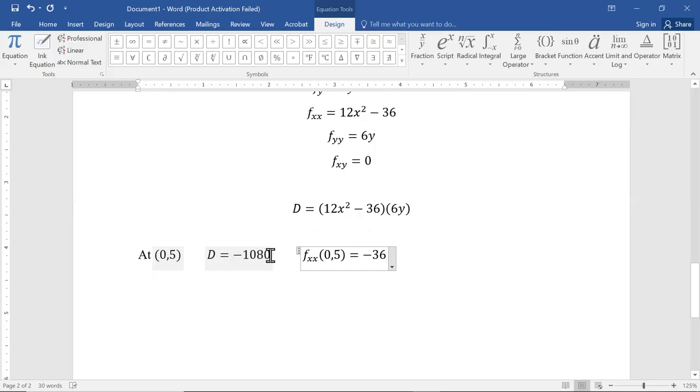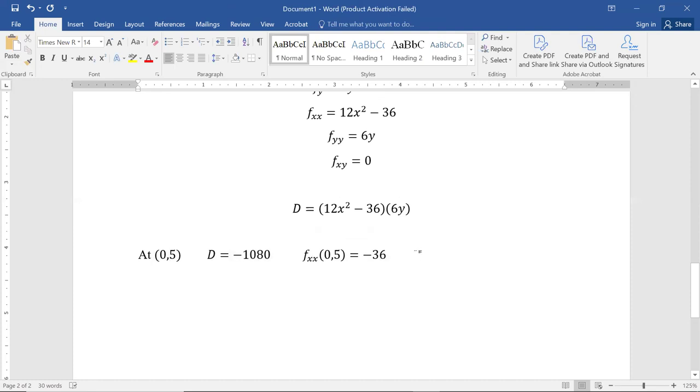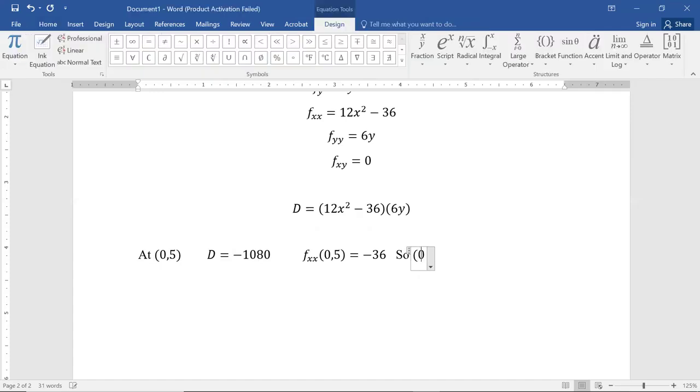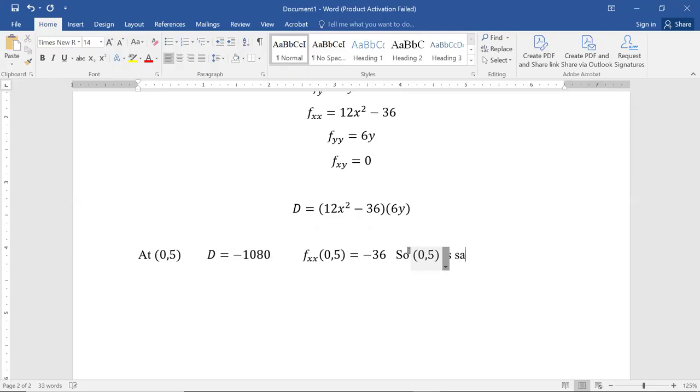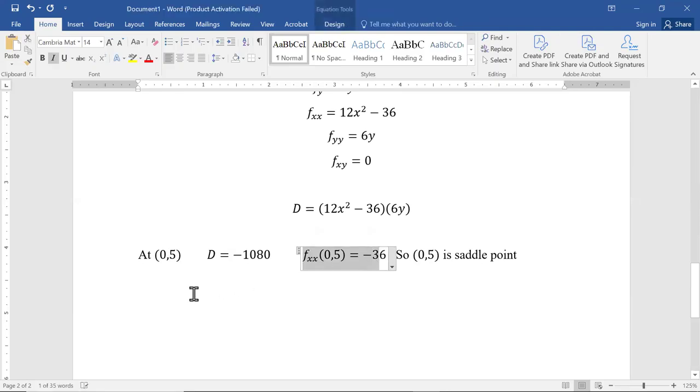Well, d is negative, that means (0, 5) is a saddle point. There we go. I didn't really even need this piece. I didn't need to plug it into f sub xx. That was perfectly fine without it.